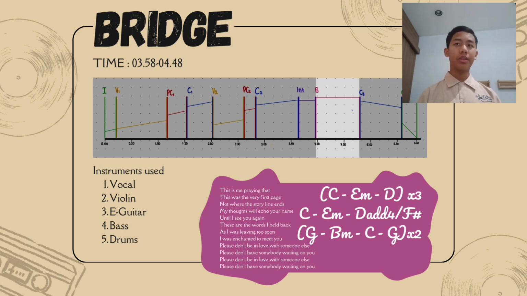Its chord progression goes C, E minor, D, repeat that 3 times, into C, E minor, D, add 4 over F sharp, into G, B minor, C, G, and then repeat that again.